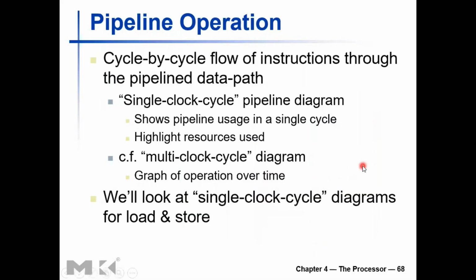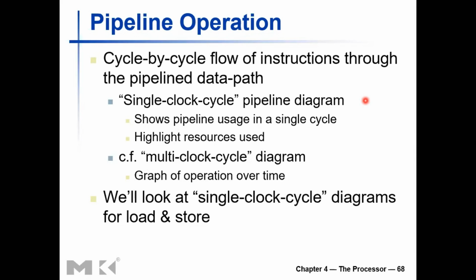Then the next thing we have to do is to have a look at the pipeline operation, how each stage actually operates and how the timing works. When trying to analyze the pipeline like that, the cycle by cycle flow of instructions, we can do this in two different ways. One is using a single clock cycle pipeline diagram, where we are looking at a particular stage and the hardware used in a clock cycle.